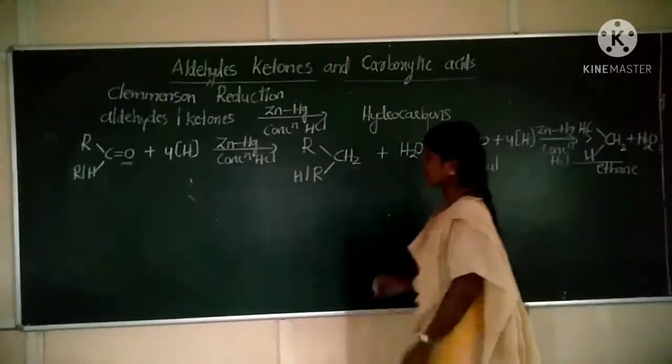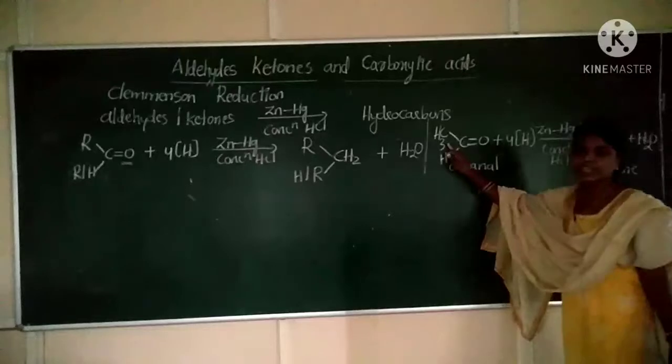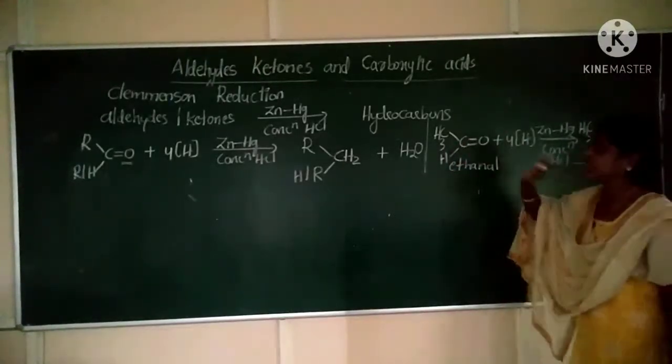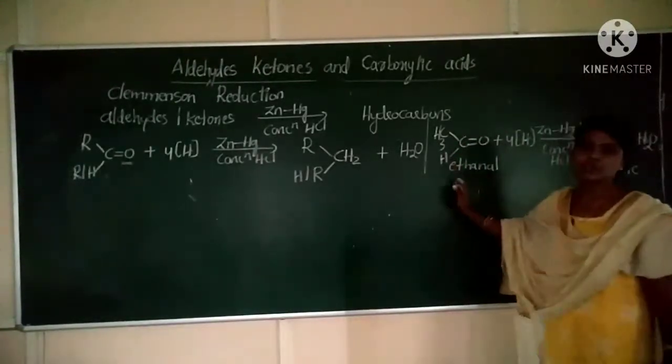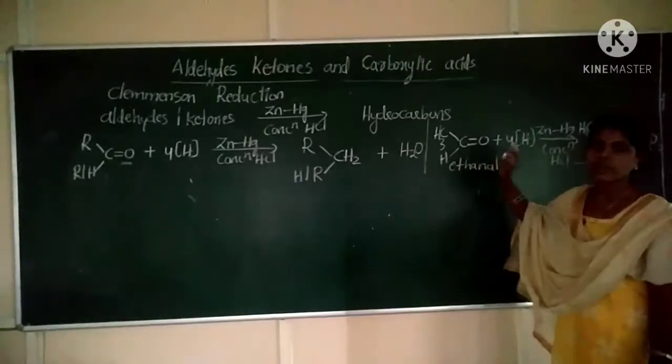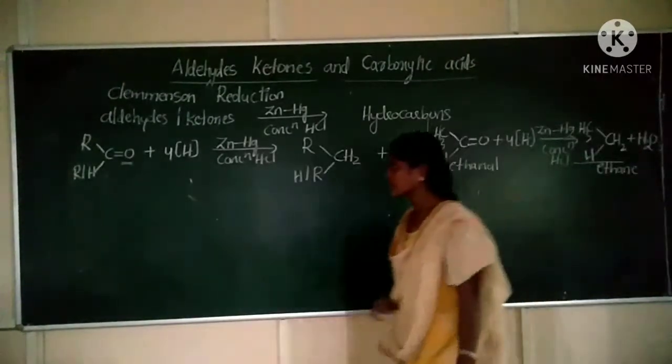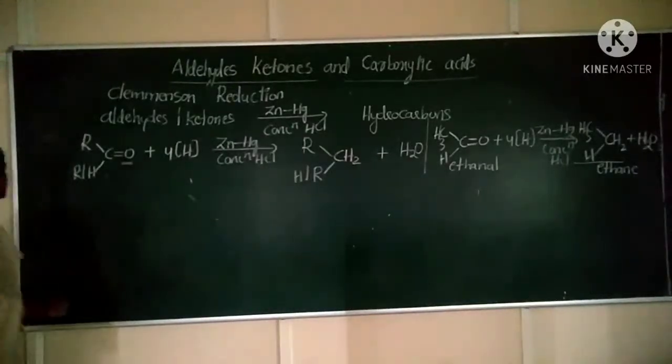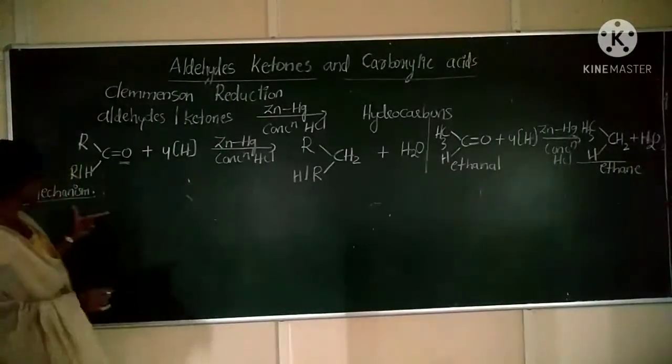So, these are the reactions. In place of R now, you can take CH3 and CH3, acetone. Write the reaction for acetone. Write the reaction for benzaldehyde. Okay. So, write those examples. Now, next the mechanism.